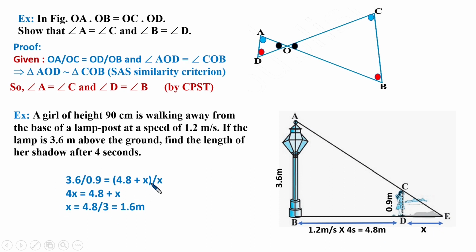Now I have to find x, the shadow. So I rearrange it. 3.6 divided by 0.9 is 4. I take the denominator to the numerator. So I get 4x is equal to 4.8 plus x, and then subtracting, 4x minus x is 3x, so x is 4.8 divided by 3, which is 1.6. So the shadow is 1.6 meters.